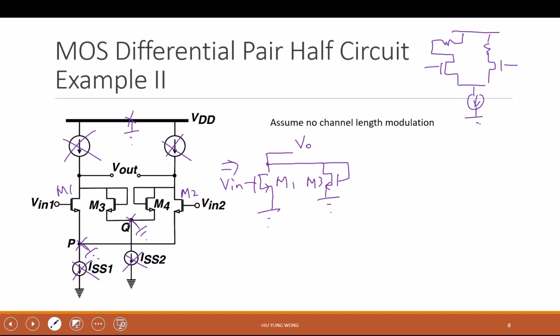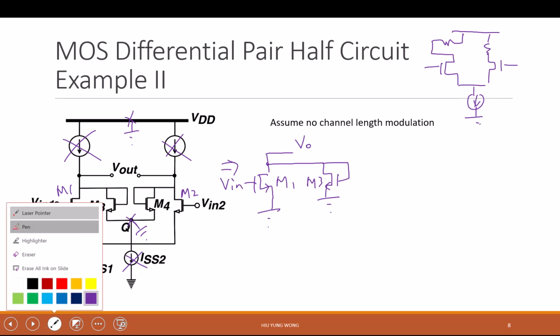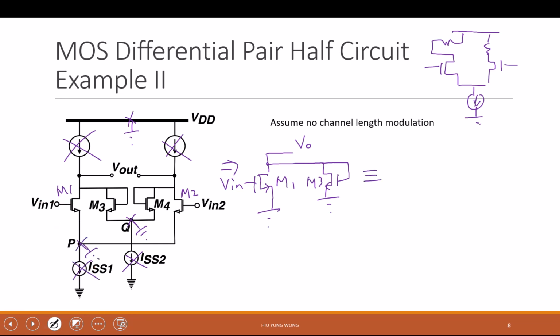Now, if you were going to solve the KCL, KVL, you will find that this is the same as trying to solve this problem. I still keep V in here. I keep M1 here.